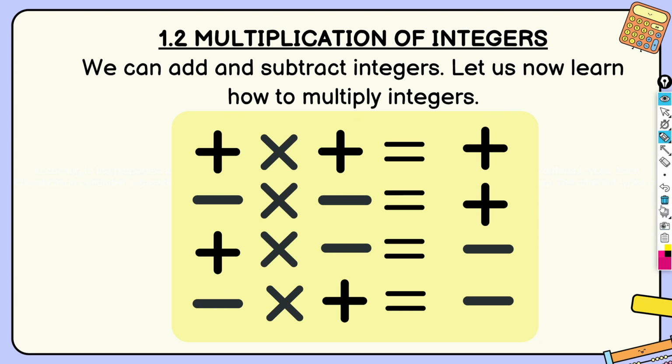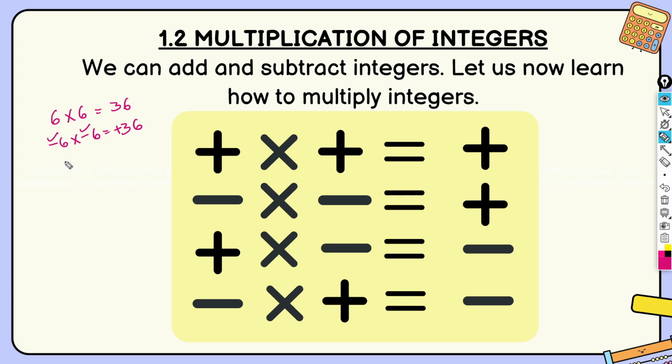Now further, for example, if we multiply plus 6 with plus 6, the result will be plus 36. And if we multiply minus 6 with minus 6, the result will be plus 36 because minus into minus is plus.